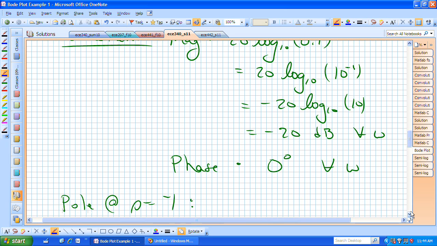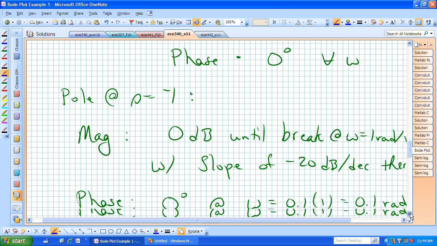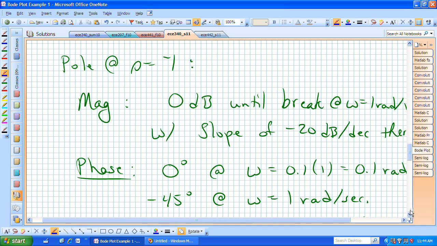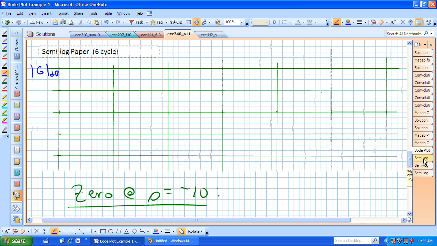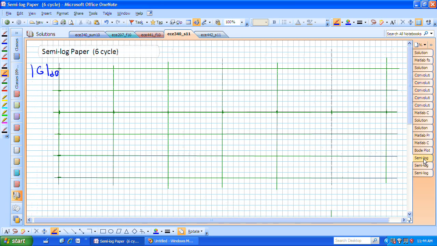And the first bend that we will have, or adjustment in our magnitude and phase, is going to occur at 0.1 radians per second, which is due to the pole at 1 radian per second. So really we only have to start our frequency axis.